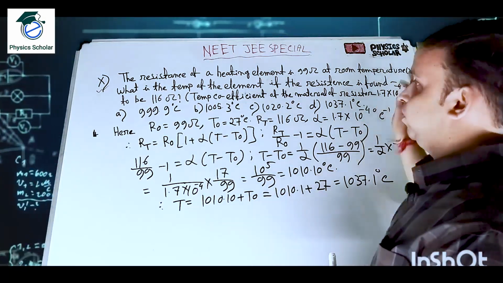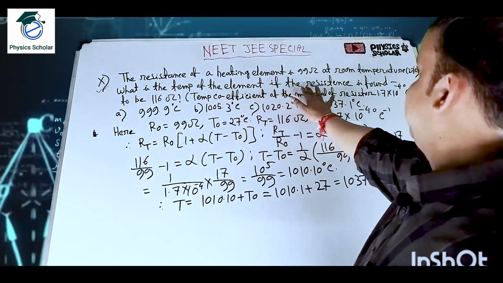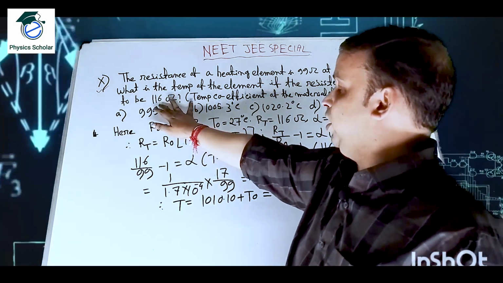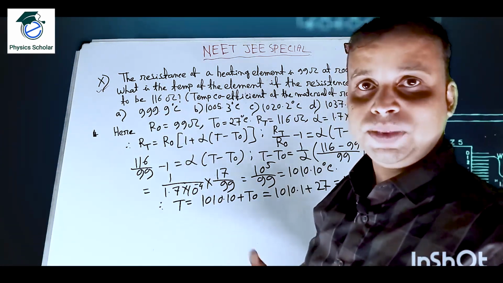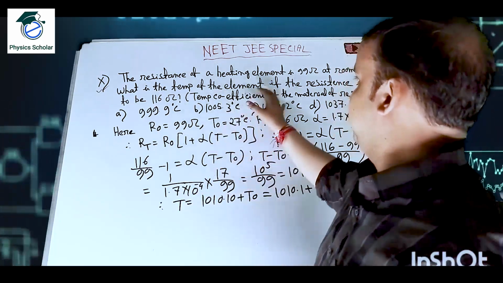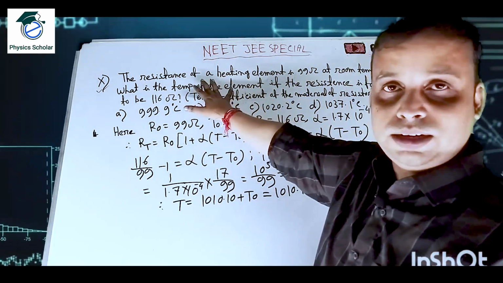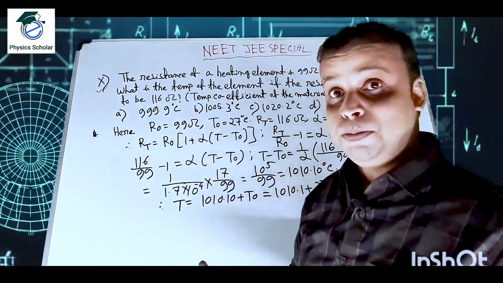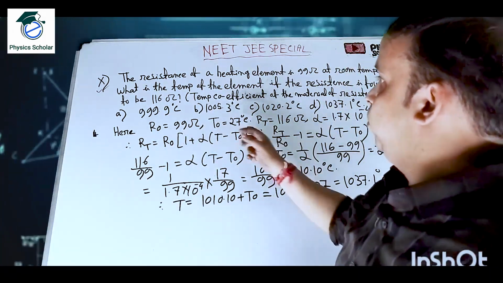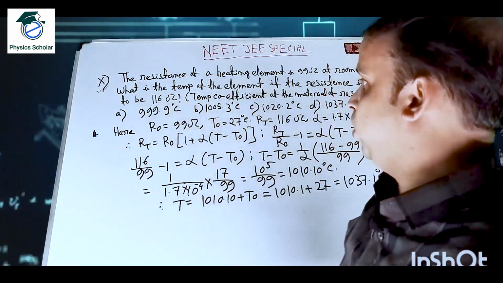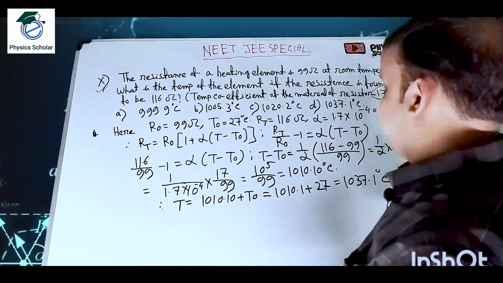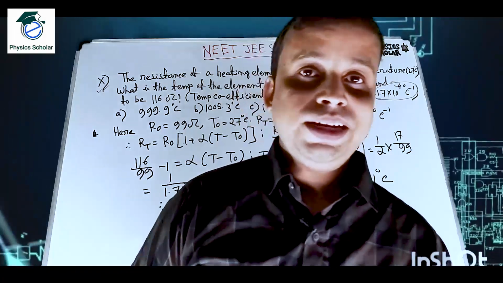What is the temperature of the element if the resistance is found to be 116 ohm? Clear? That means the temperature increases, and at room temperature the resistance was 99, and what will be the temperature of the element when the resistance is found to be 116 ohm, and the temperature coefficient, that means alpha, is given.